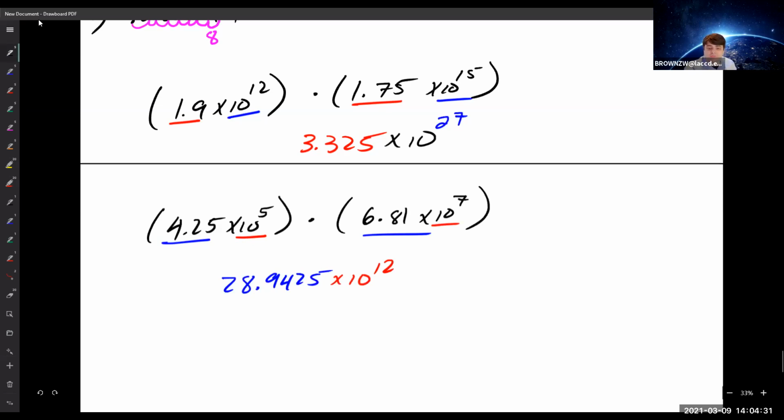Now, when we're doing scientific notation, we only want one number in front of the decimal. So I need to move this number over 1 to make it 2.89425. But since this is a bigger number than what I have here, that means I need to add 1 to the power.